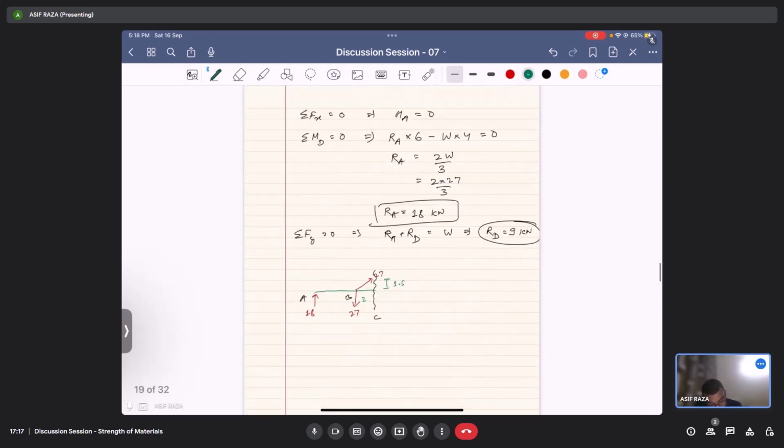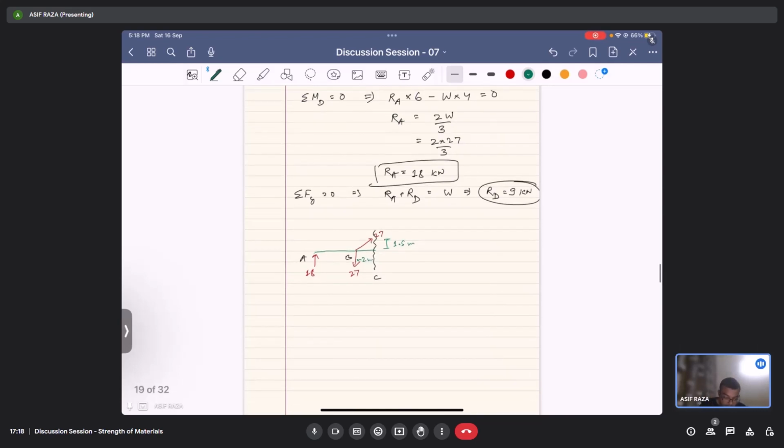Now if I take this as theta, what would be my cos theta? Cos theta would be 2 by root of 2 square plus 1.5 square, and sin theta would be 1.5 by root of 2 square plus 1.5 square.